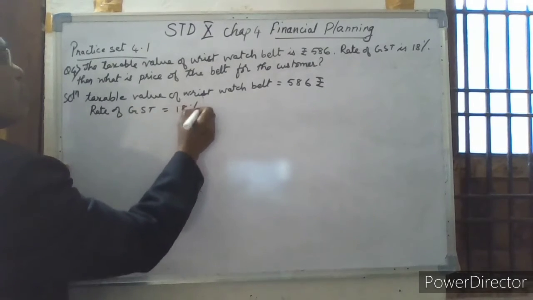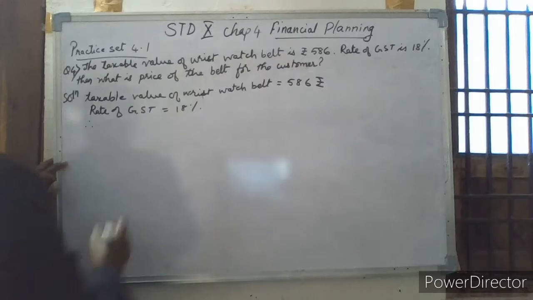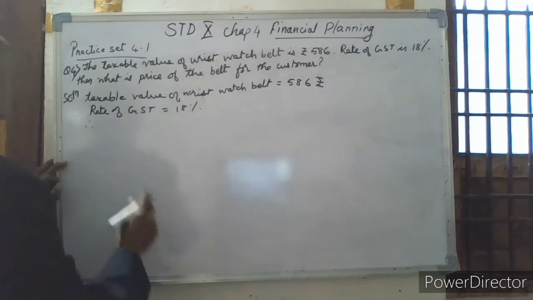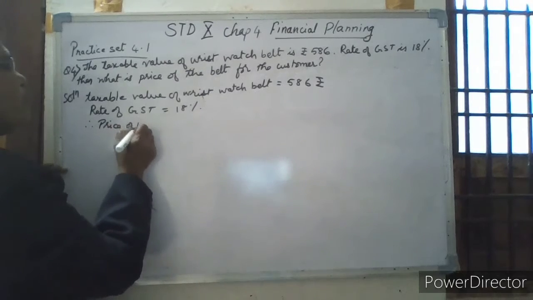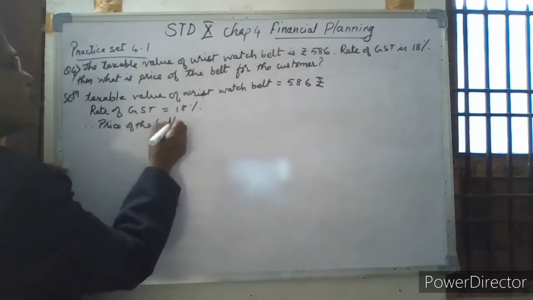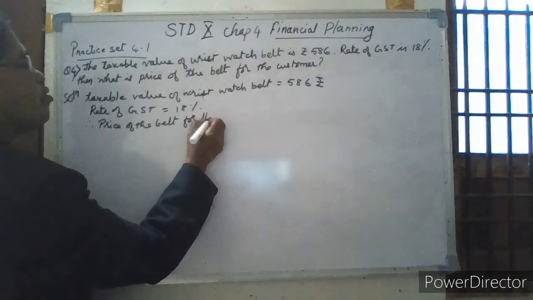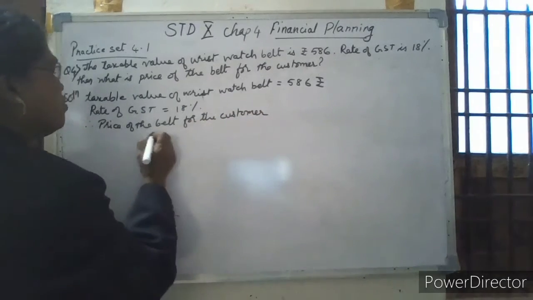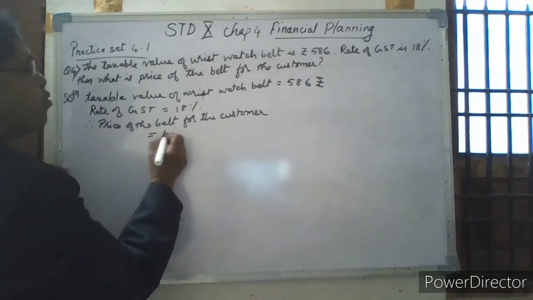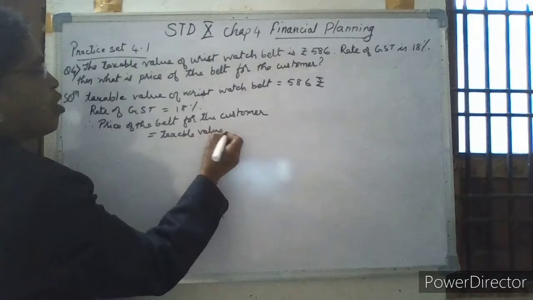Therefore, the price of the belt for the customer will be equal to the taxable value plus GST.